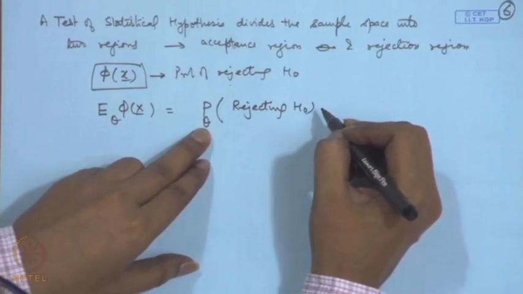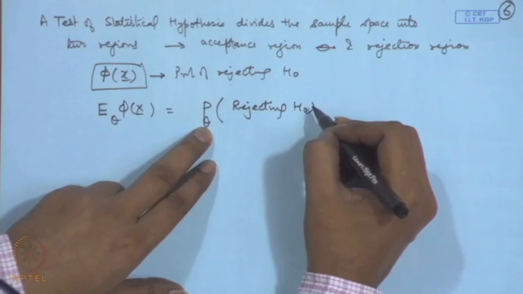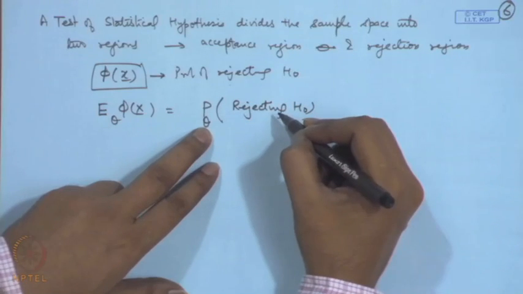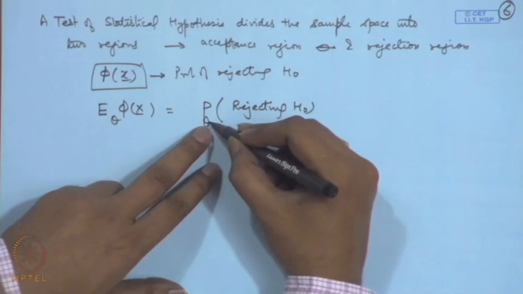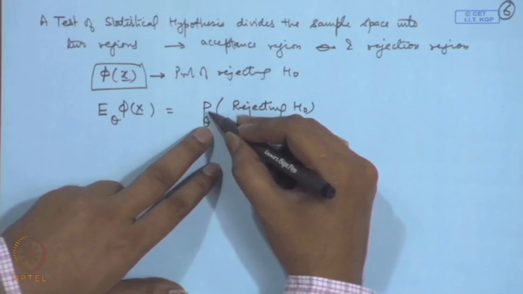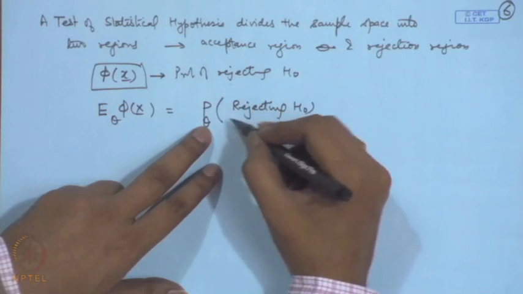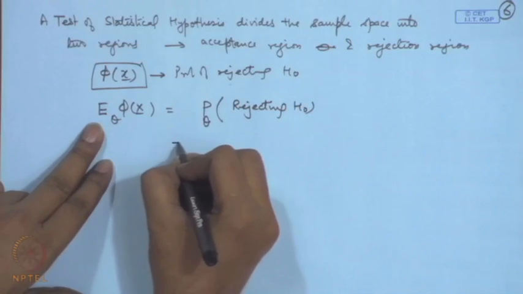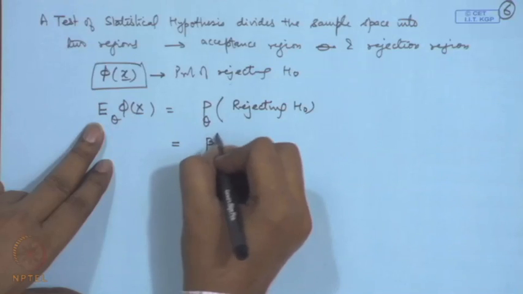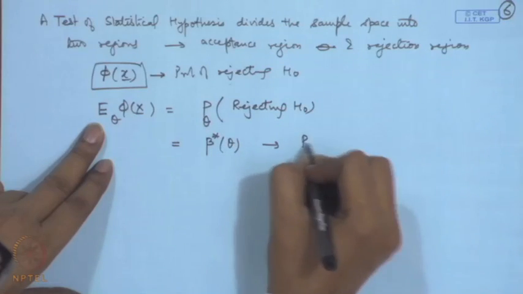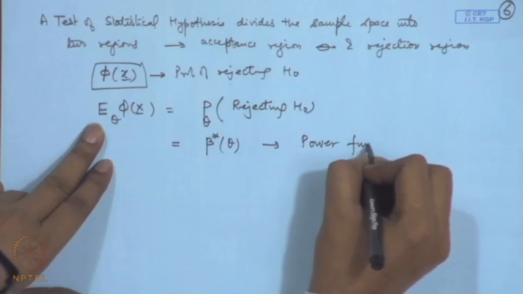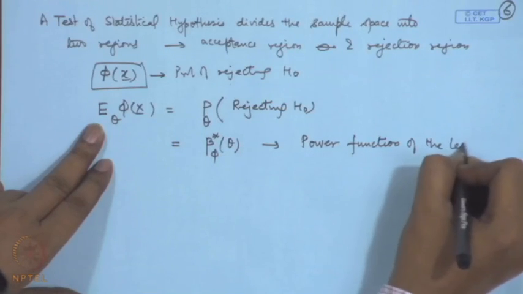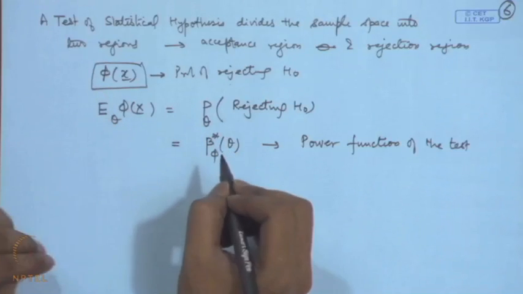Now, remember here, when theta belongs to the null hypothesis space, then this becomes the probability of type 1 error, and when theta belongs to the alternative hypothesis set, then this becomes 1 minus the probability of type 2 error. So, we give it a new name, we call it beta star of theta. This is called the power function of the test phi.